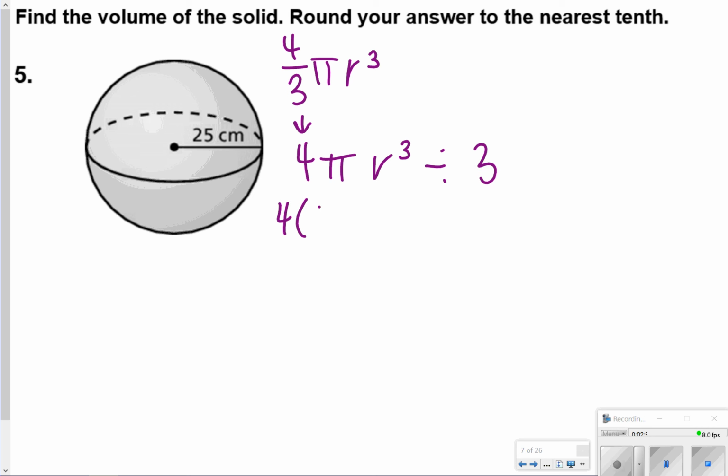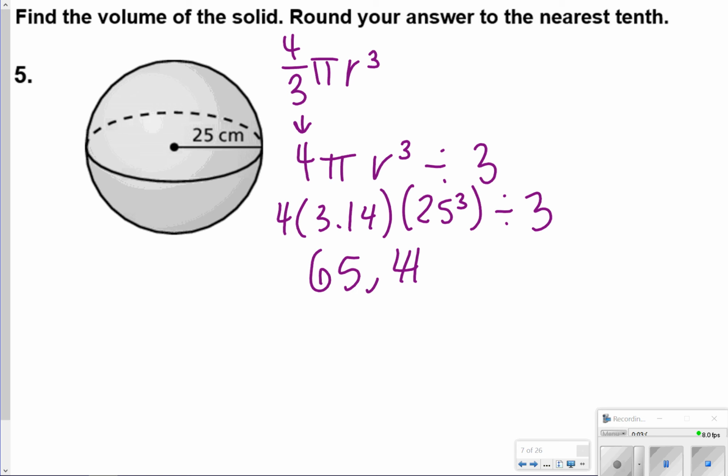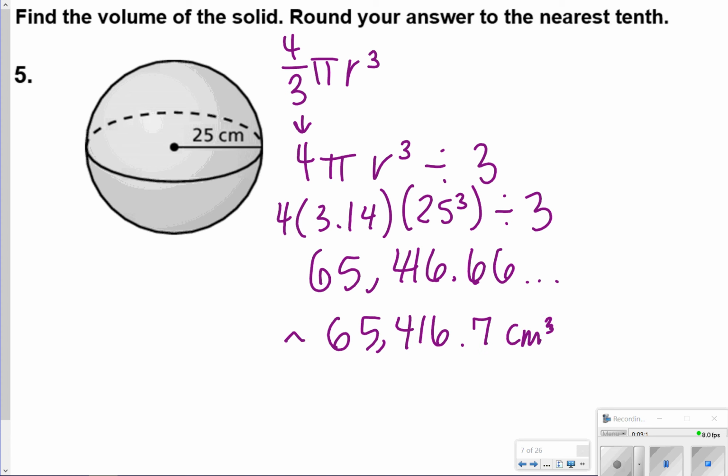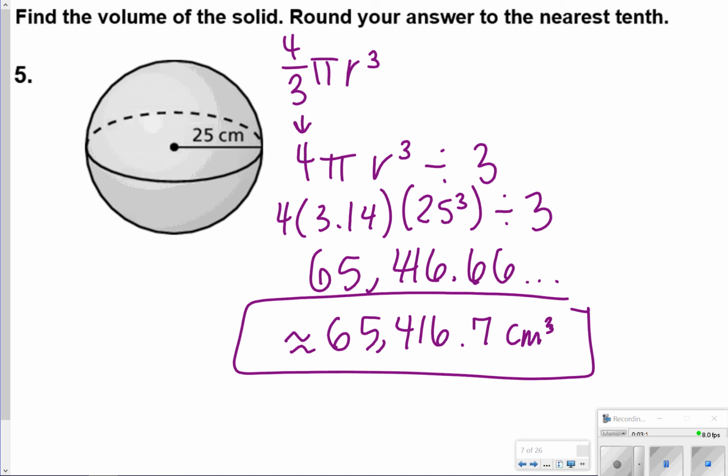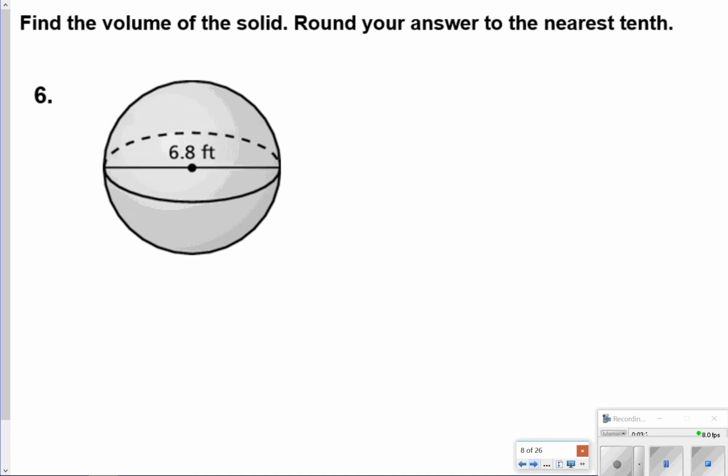We're going to say 4 times pi times 25 cubed, so 25 times 25 times 25, all divided by 3, is going to give you 65,416.66 repeating. So we're going to round that to the nearest tenth to be 65,416.7 centimeters cubed. And since we're rounding, we're using the about symbol. That's why.